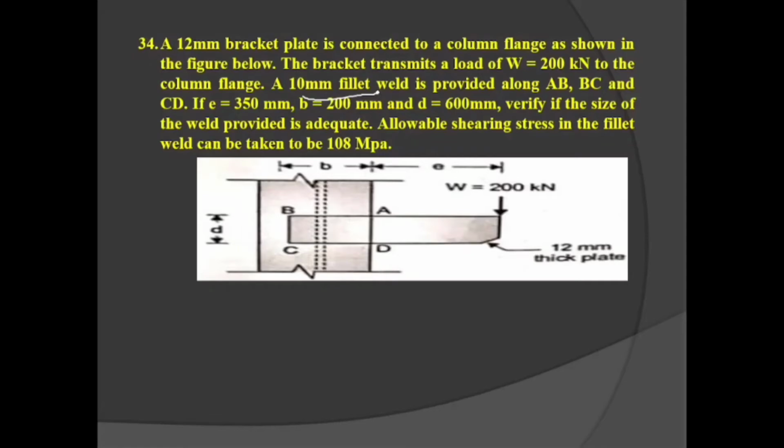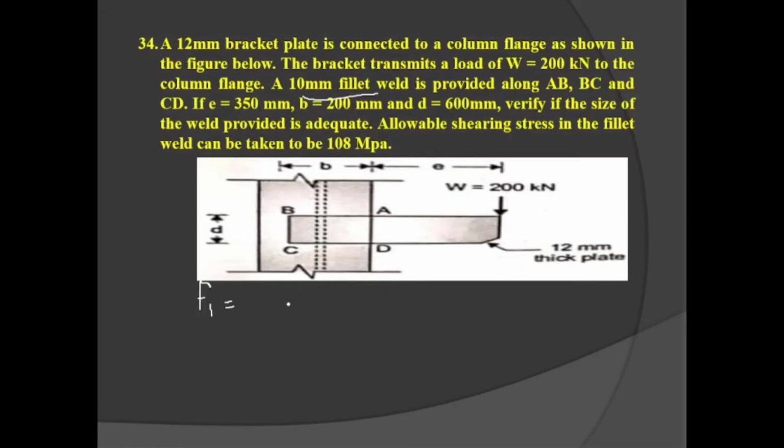So my dear students, for this type of problem we have to calculate the value of F1, F2 and resultant stress. This type of problem we had discussed in our theoretical discussion, don't worry. F1 is equal to force divided by effective area of the weld.